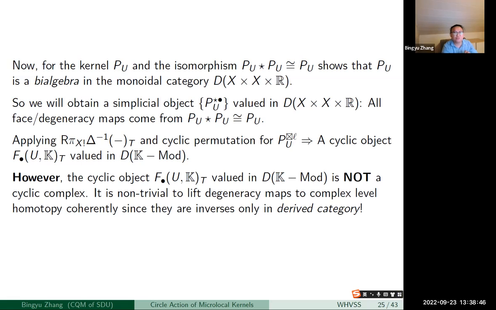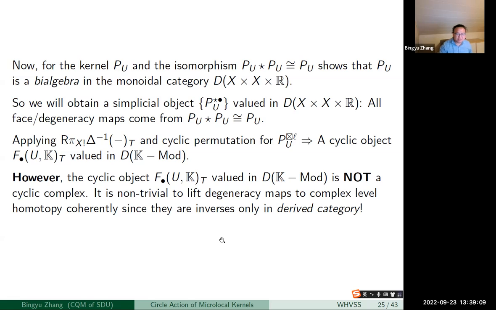It is non-trivial to lift the degeneracy map to the complex level. Since now we mod out very many homotopies, it's very hard to lift this degeneracy map in some homotopy coherent way.